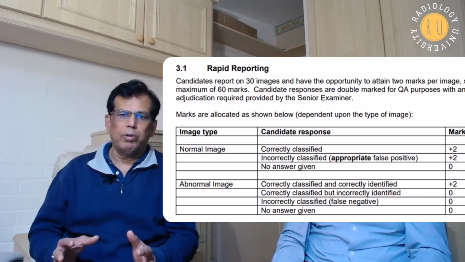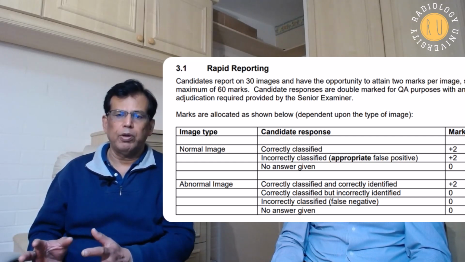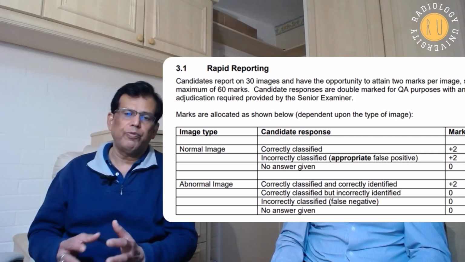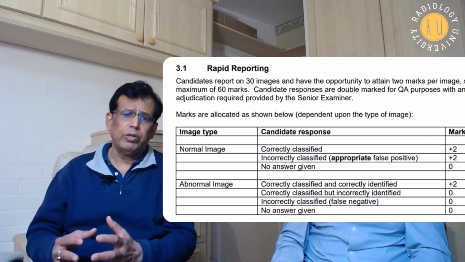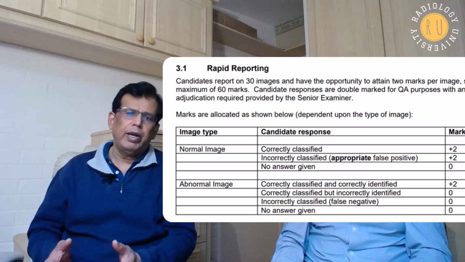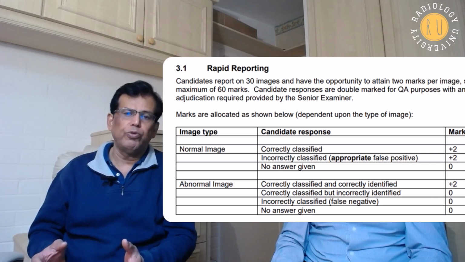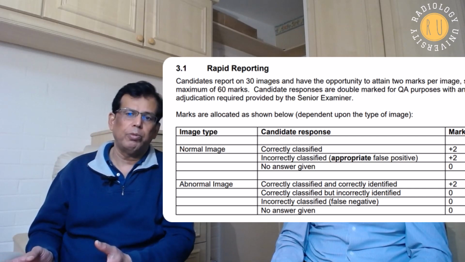There is an area in normal where the college says inappropriate or false positive, and I think people are wondering what that means. The films are vetted by a lot of examiners, and the majority of them felt that it is a normal film, but there could be some findings like small subchondral changes or a cyst which people can overlook. If you call an abnormality in that part which they think was normal, they will call it a false positive because you said it was abnormal but it was normal.